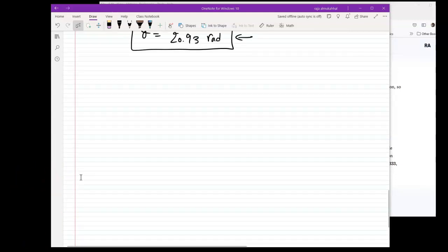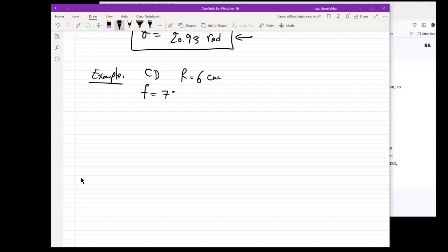Here is another example. Imagine you have a CD. The radius of the CD is 6 centimeters. I'm copying this from my notes. The CD's frequency is 7,200 revolutions per minute, so that's basically the RPM of the CD.